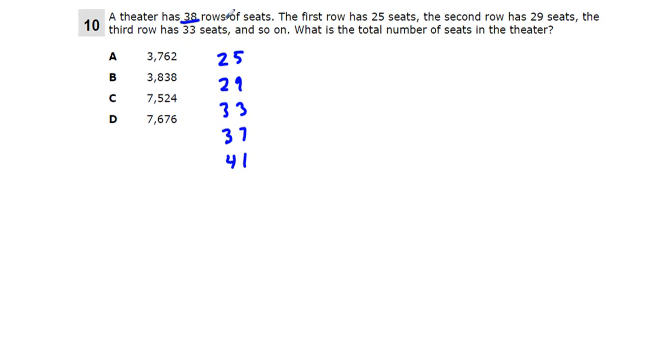We want to find the 38th row. So I'll just put the formula here. A sub n equals A sub 1 plus our common difference times quantity n minus 1. And so if we want to find A sub 38, we put our first row number here, which is 25.